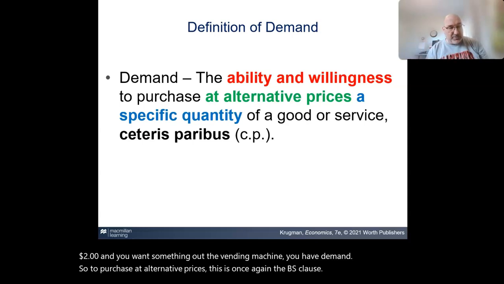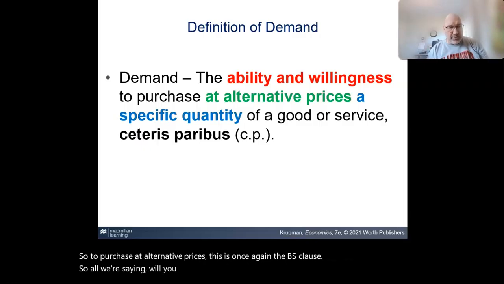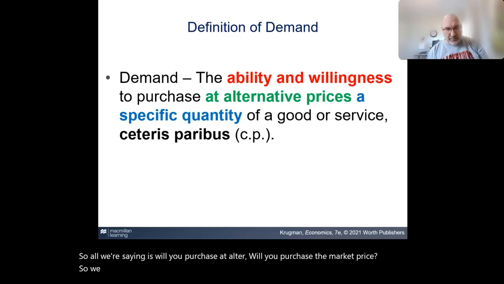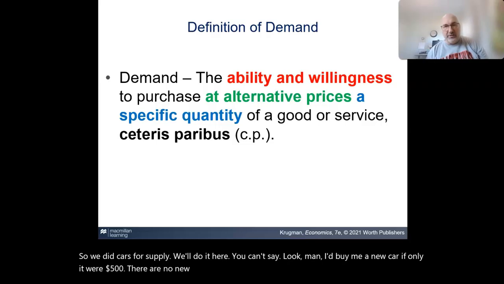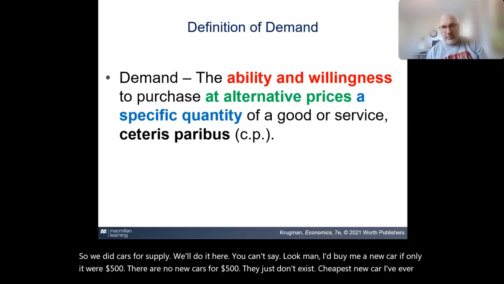So to purchase at alternative prices, this is once again the BS clause. All we're saying is, will you purchase at the market price? We did cars for supply. We'll do it here. You can't say, look, man, I'd buy a new car if only it were $500. There are no new cars for $500. They just don't exist. The cheapest new car I've ever seen was the Yugo.